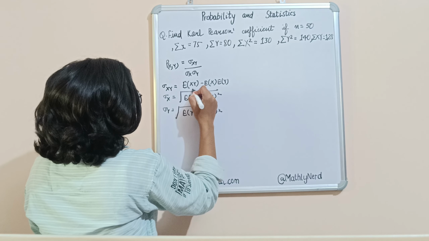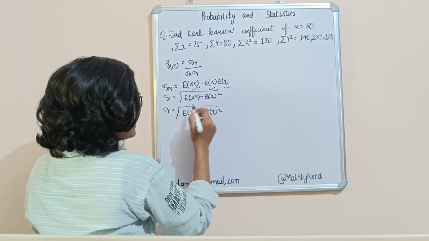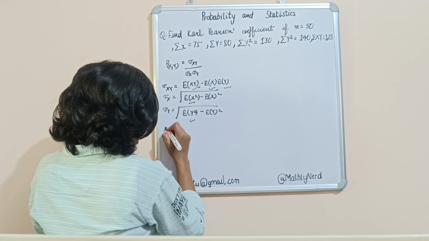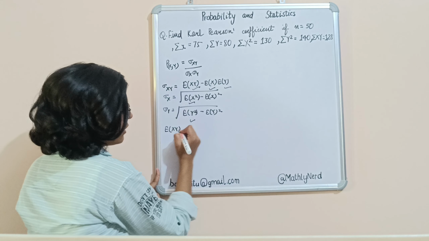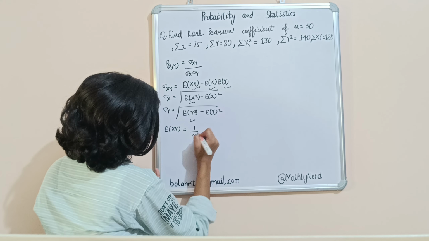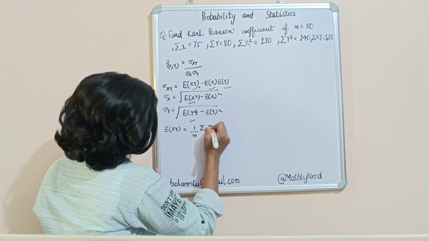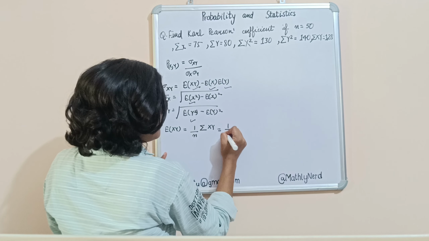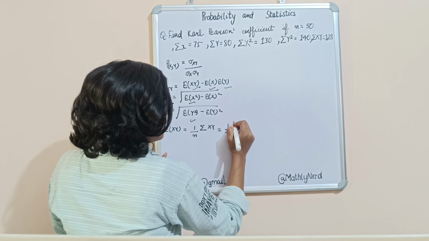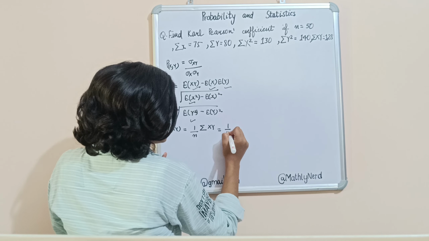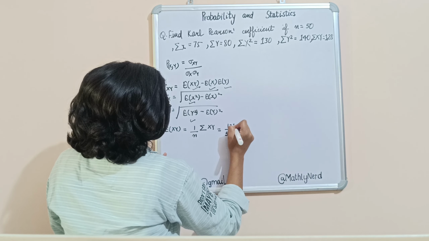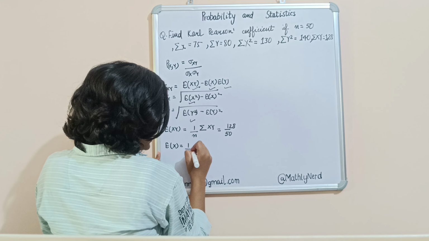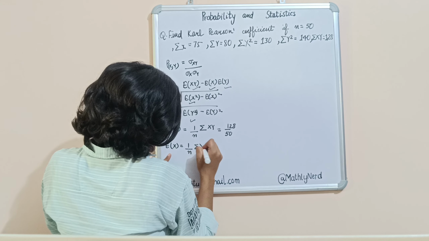Now we have to find the values E(xy), E(x), E(y), E(x square) and E(y square). E(xy) equals 1 by n times summation xy. Putting the value of n, this will be equal to 1 by 50 into 128. E of x equals 1 by n times summation x.